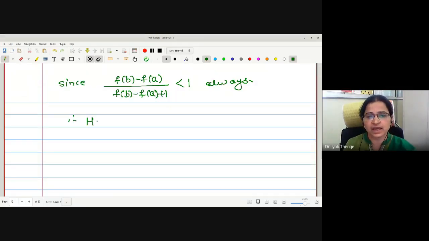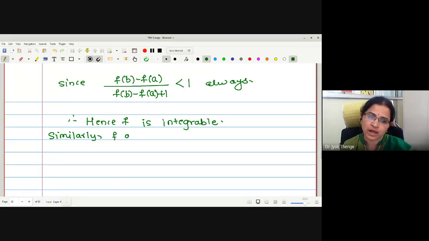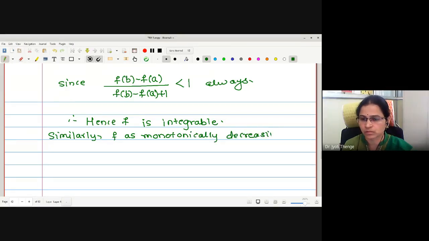One can say that hence f is integrable. Means a monotonically increasing function is integrable. Similarly, we can prove that f monotonically decreasing is also integrable.